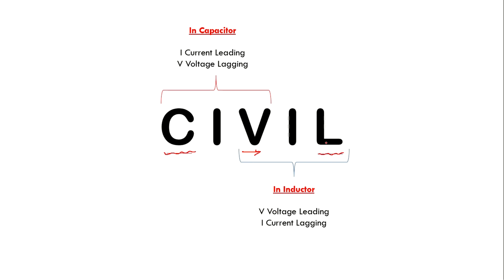Here you are not supposed to confuse the inductor and capacitor currents. So by taking C as capacitor, we go in this direction. So current leads and voltage lags. By considering inductor, again we need to go in this direction. First V comes, so V is leading, current I is lagging. This is how we can remember the leading and lagging parameters in capacitor and inductor.